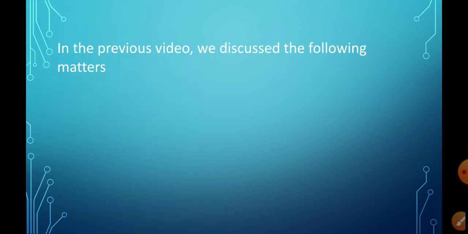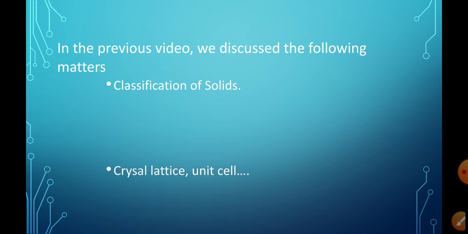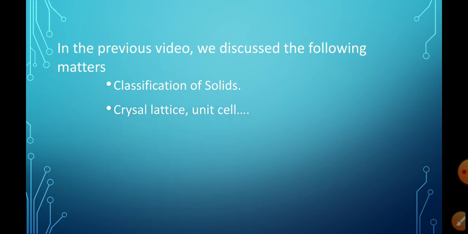In the previous video, we discussed classification of solids, crystal lattice, unit cell, and classification of unit cells. Unit cells are further classified into two types based on the arrangement of particles: centered unit cell and primitive unit cell. Another type of classification is based on parameters, edge lengths a, b, c and angles alpha, beta, gamma. There are 7 types of unit cells.